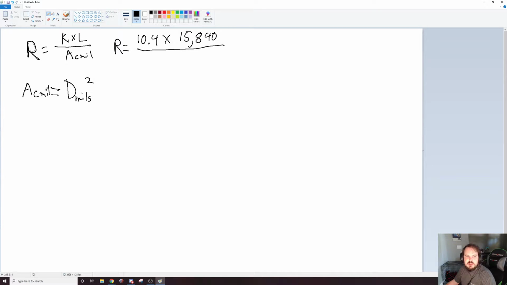So the area in circular mils is the diameter in mils squared. A mil is an inch times 1,000. A mil is 1,000th of an inch.